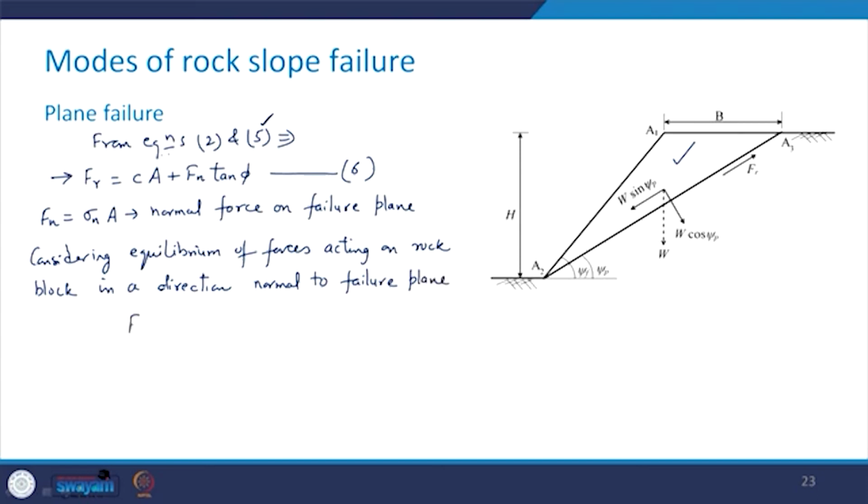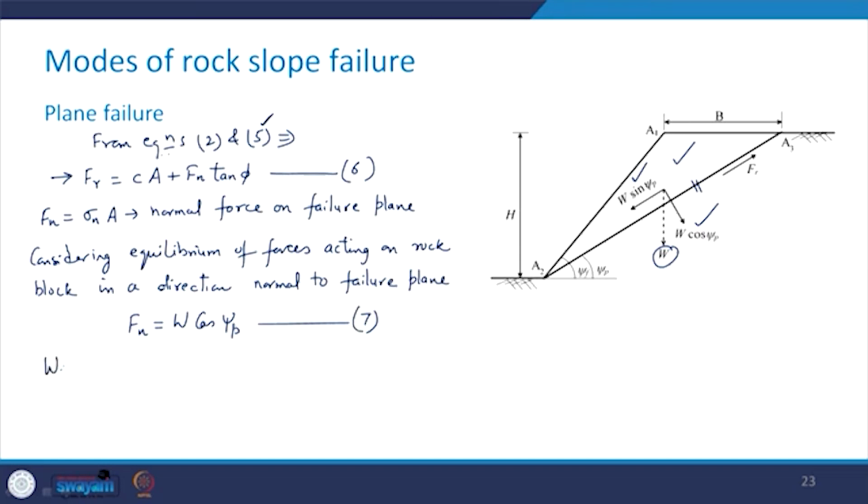So, what we are going to get is Fn is equal to W cos of psi p. See, we can get the component of this weight W in two directions, that is, one is the direction perpendicular to the failure plane and second is parallel to the failure plane. So, this equation I will write as equation number 7.